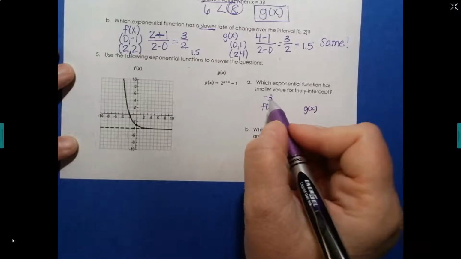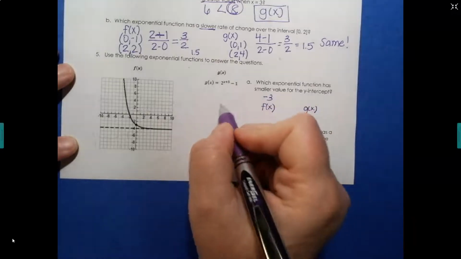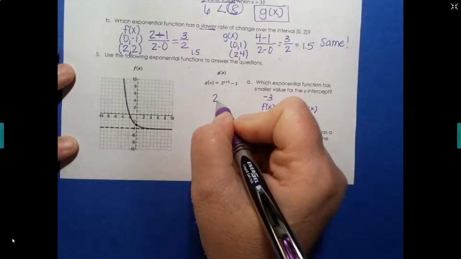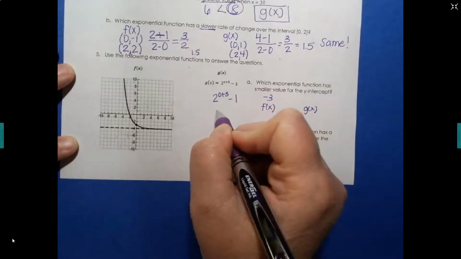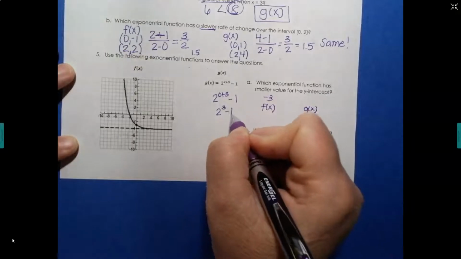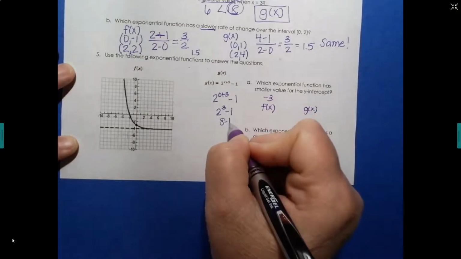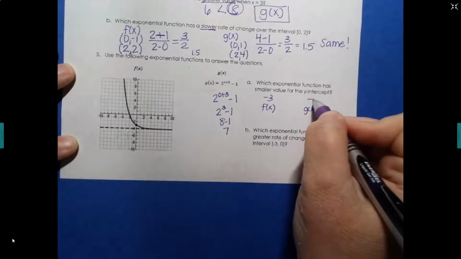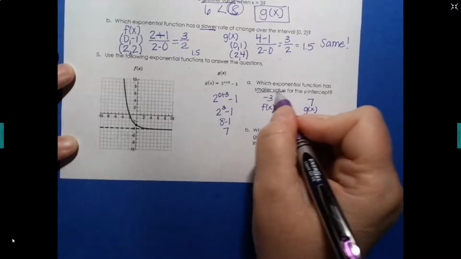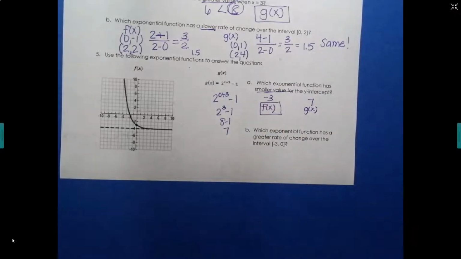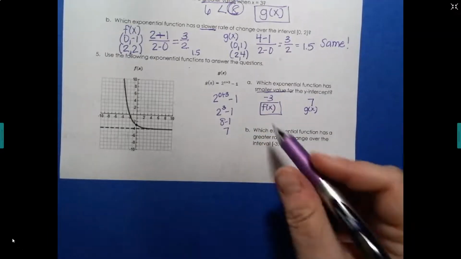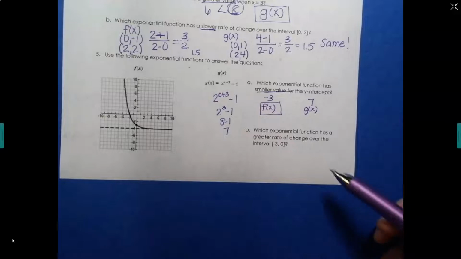If I want to find the y-intercept, remember I'm actually plugging 0 in for x. So 0 plus 3 is 3. 2 to the third is 8, minus 1 is 7. So if I want to know who has a smaller value, f of x has the smaller value for the y-intercept. If we could see the graph, it would have crossed at -3.